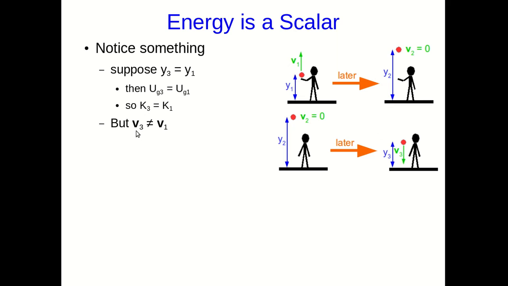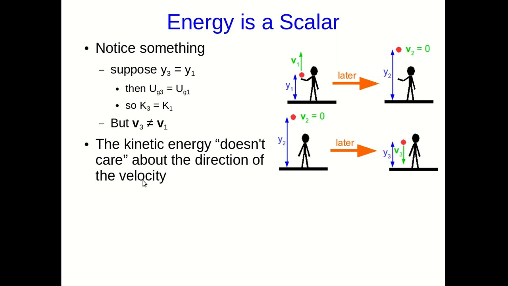But this is telling you that while those velocities are in opposite directions, the speeds are the same, because the kinetic energy doesn't care about the direction of the velocity. It only cares about speed. Energy is a scalar. And so the kinetic energy, when I write it this way, note there's no vector symbol on that v, and I haven't put anything in bold.